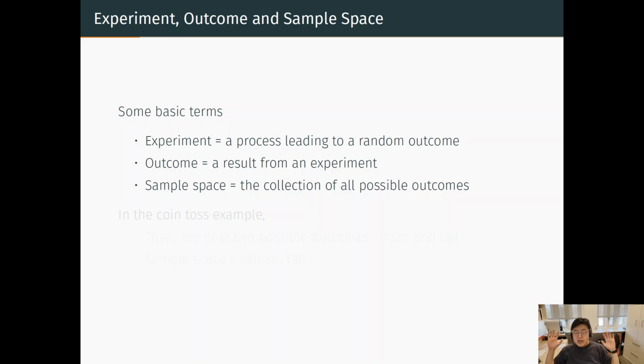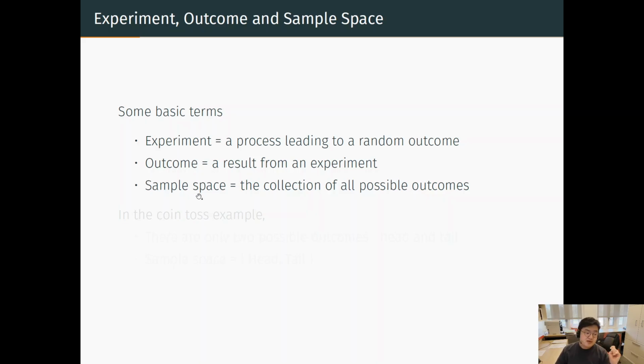In some sense, probability is mathematically a function. When you think about a function, you have to think about its domain, its support. So sample space is the domain. We can define probability on the possible outcomes. If you understand probability as a function, then sample space is the domain for that function.